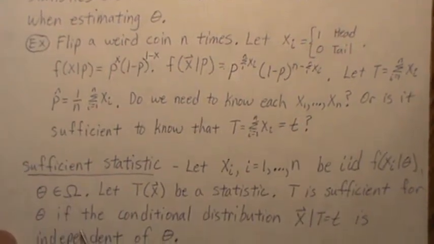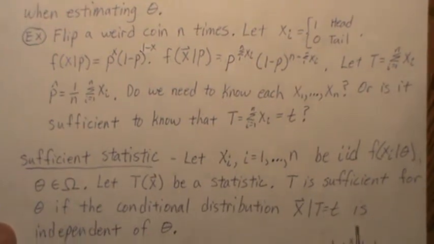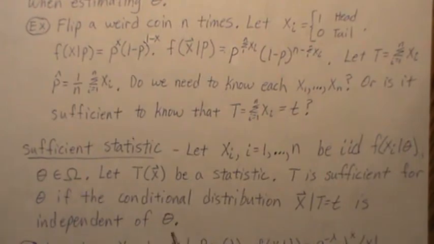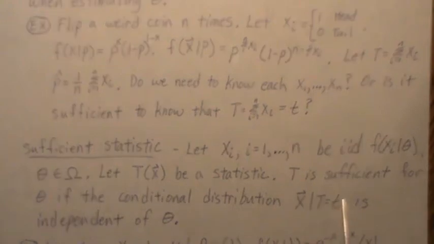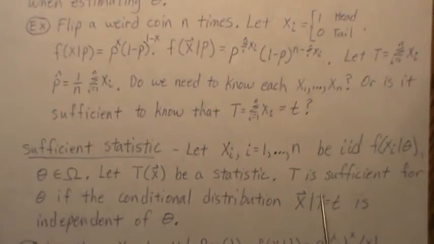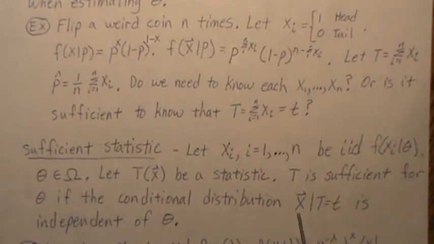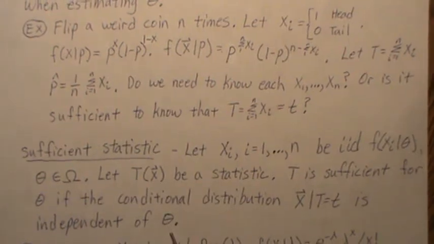T is sufficient for theta if the conditional distribution of our data, given the value of this statistic, is independent of theta. And so really what this means is once we know the value of our sufficient statistic, knowing the rest of the data doesn't help us estimate theta.